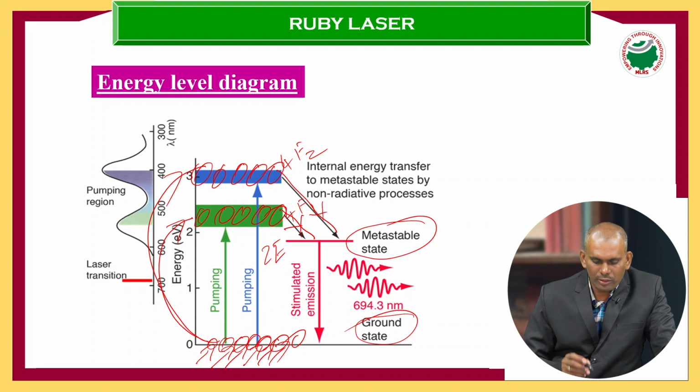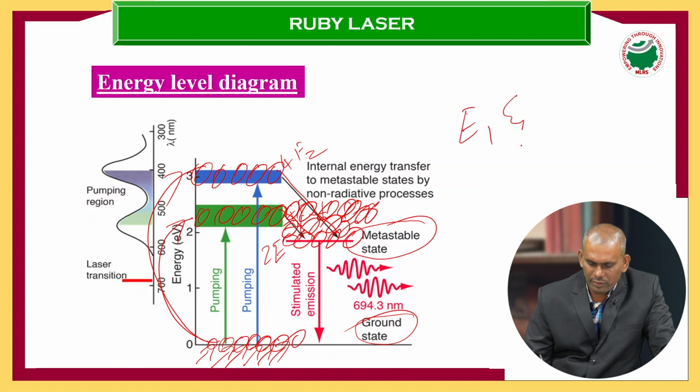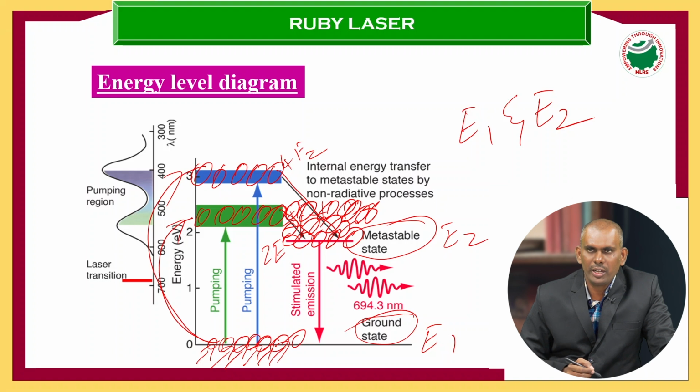Because of the long lifetime, the atoms coming from 4F1 and 4F2 stay more time in the metastable state. Then population inversion is achieved between E1 and E2. For example, if you consider this as E1 and the metastable state as E2, compared to E1, the population will be high in the E2 level. Like that, population inversion is achieved between E2 and E1 levels now.